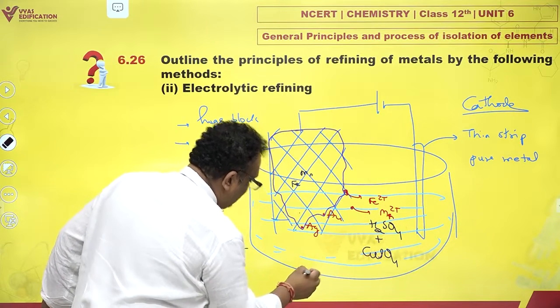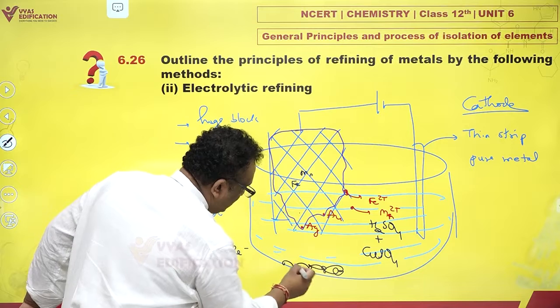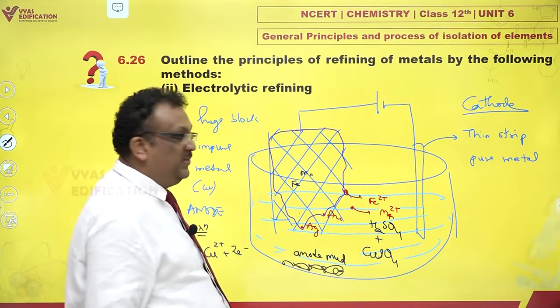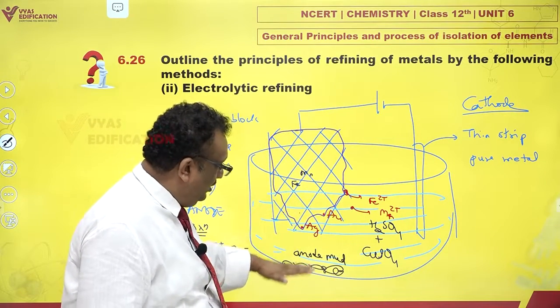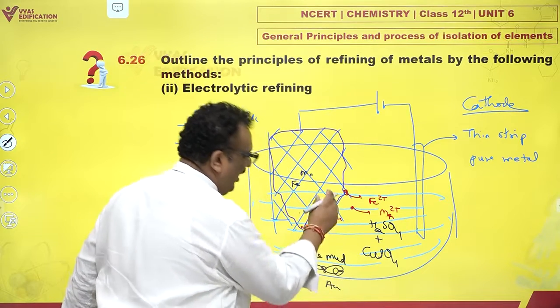So silver just falls down, and as it falls down, it forms what is called anode mud. Okay. So metals which are less reactive come down, like silver and gold. It's a very rich mud. They come down as anode mud.